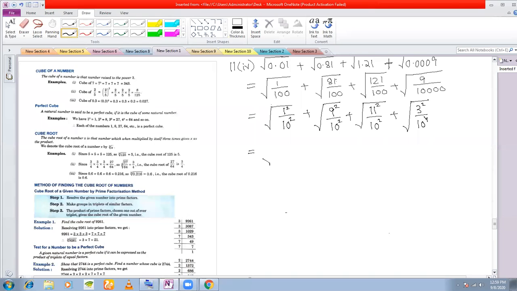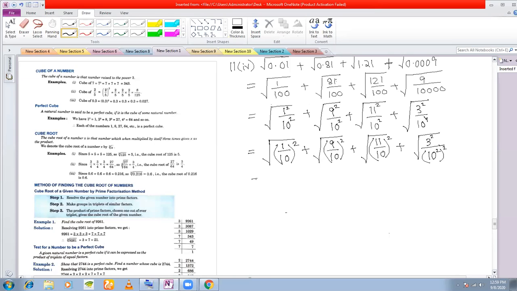Now you can write this as 1 by 10 whole square, this as 9 by 10 whole square, and this as 11 by 10 whole square. And root over 3 square by 10 to the power of 4, I can write as 3 by 10 square whole square.